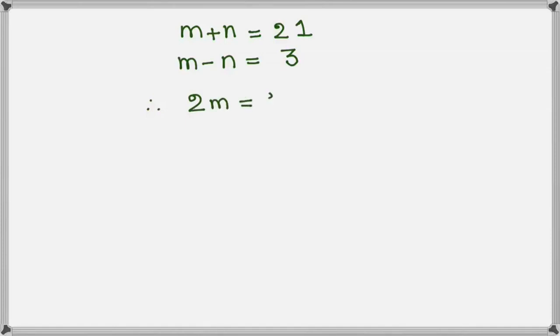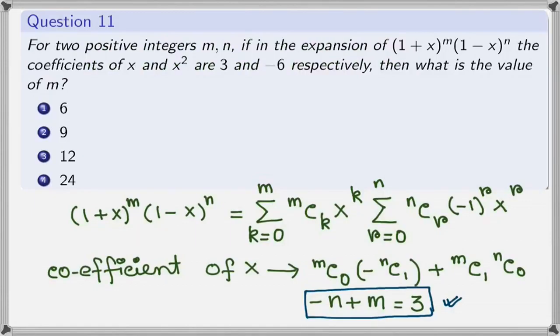Now we have m plus n is equal to 21 and m minus n is equal to 3. So from here we get 2m is equal to 24. That means m is equal to 12. So we have found the value of m and we see that the third option is the correct answer here.